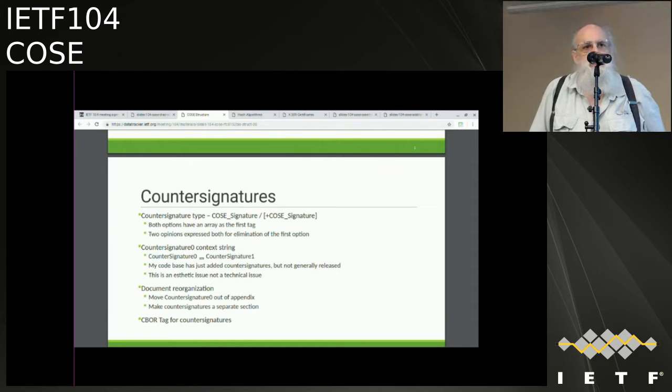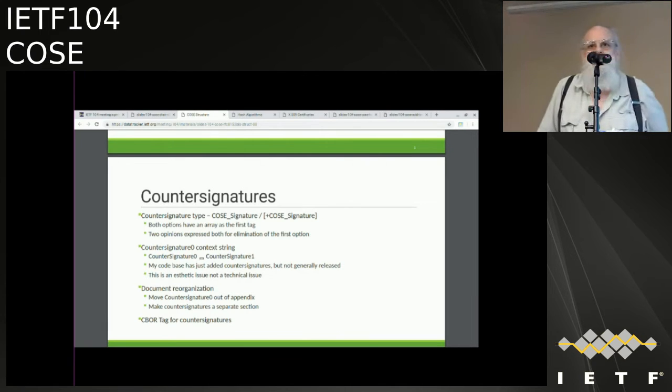The question that I have is, should we make counter signatures be a subsection of signing, which is what they currently are, or should they be a top level section of their own, equivalent to signing and encryption and MACing, because it's kind of its own thing, kind of not. It's basically about whether people who read the document are going to find it easier to find things that way than the other way.